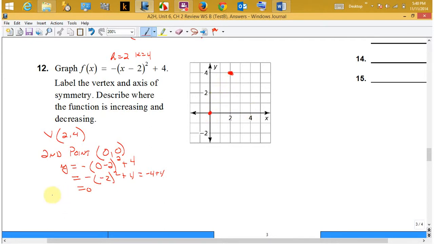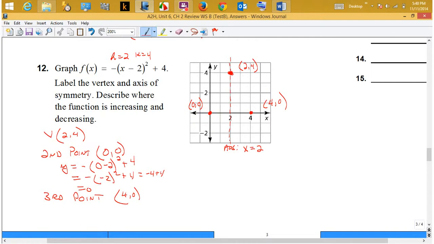Now then I can use my third point. I could use the mirror of that point, 2 on the other side of the axis of symmetry. So that would be (4, 0). We always label our points and we draw the axis of symmetry. The axis of symmetry is the line x equal to 2. I have a vertex point at (2, 4), the point (0, 0), and the point (4, 0).